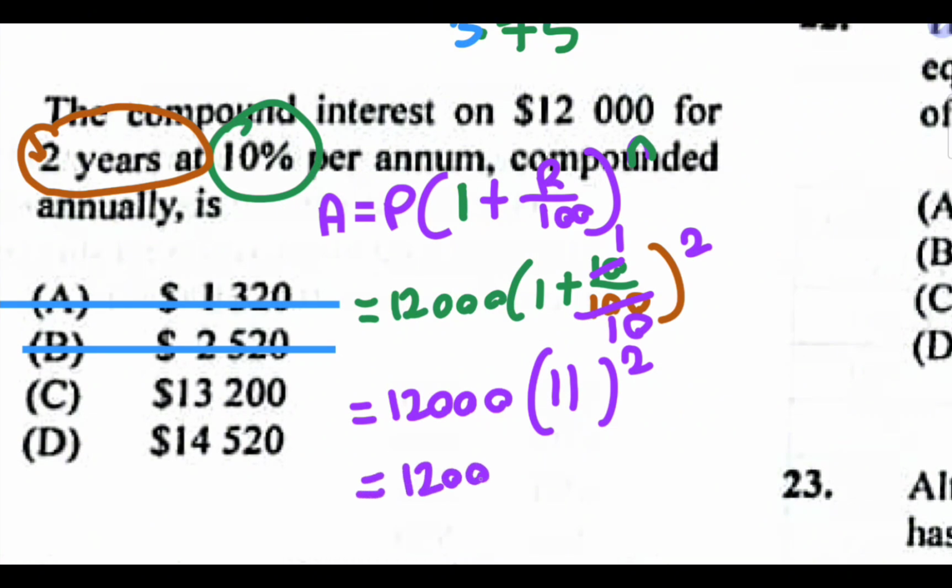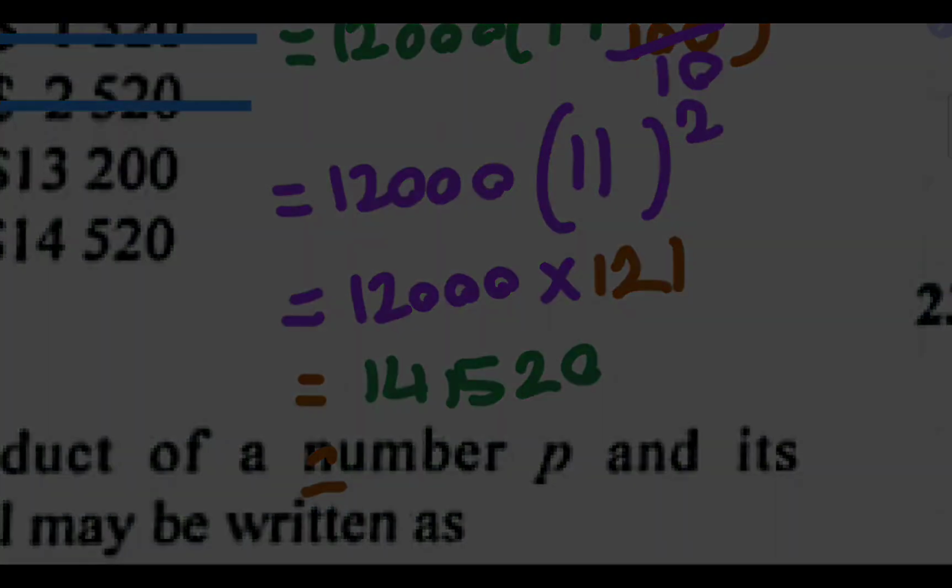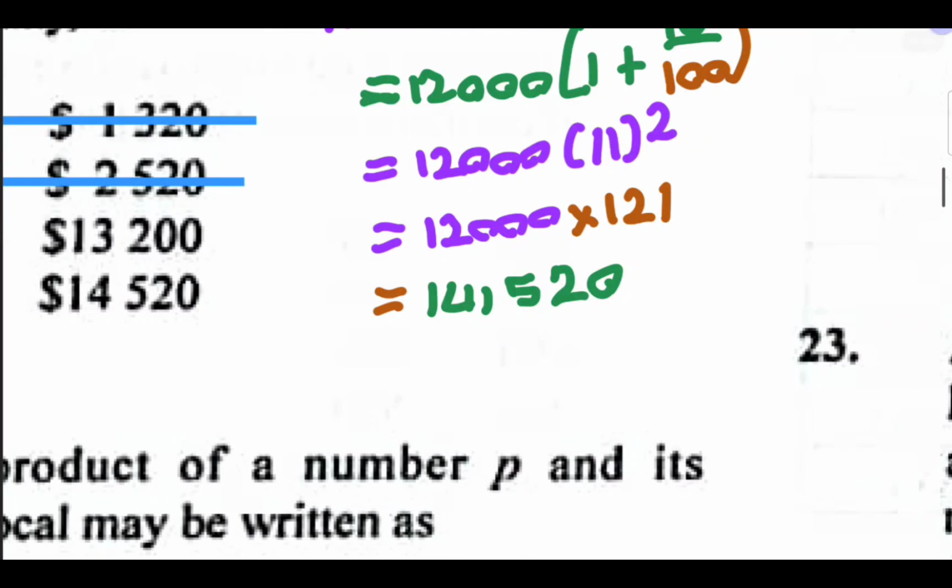So we have 12,000 multiplying 121. 12,000 multiplied by 121 will be 14,520. So that is 14,520. Now, this would be the amount.